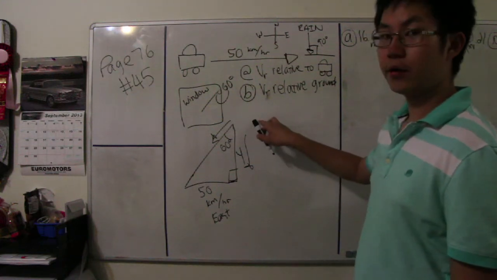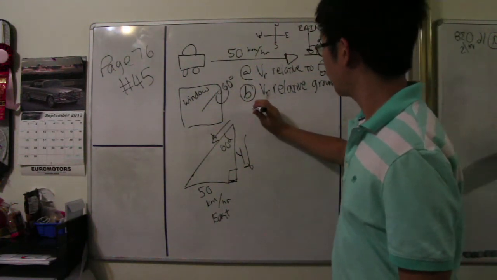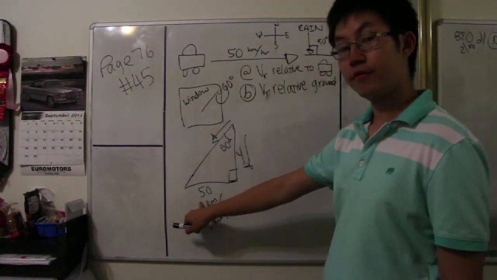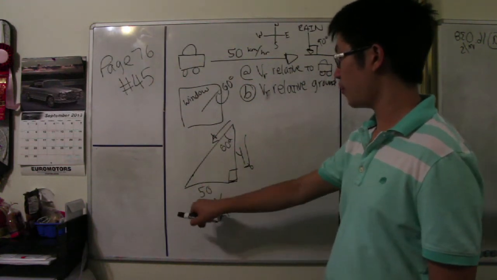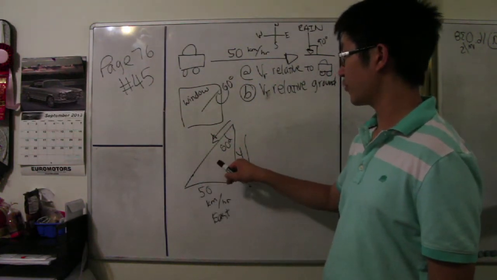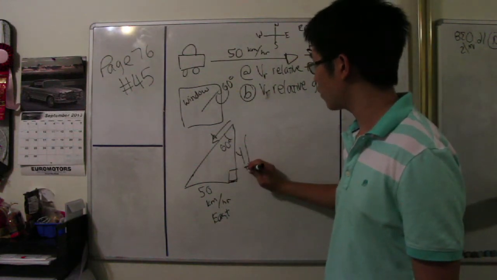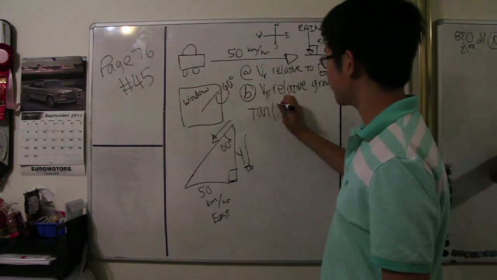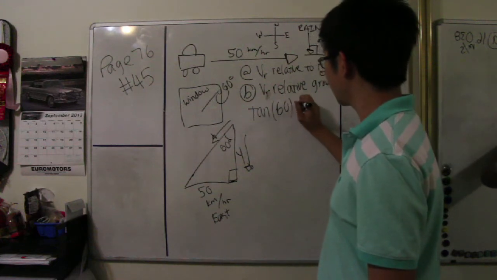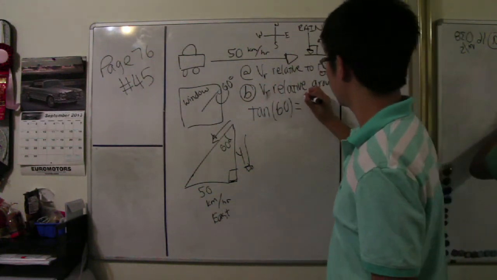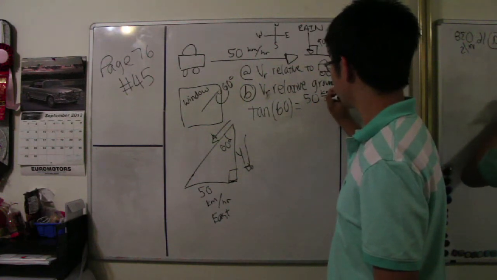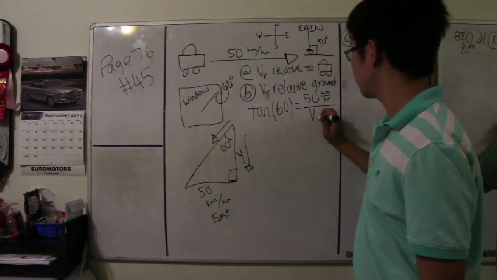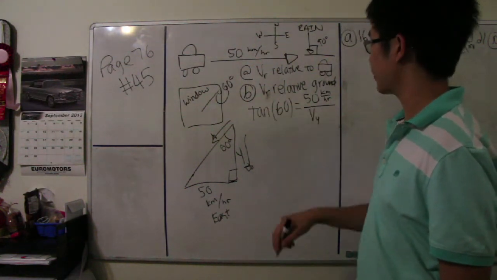So we now can take our tangent, because we already have the base of 50 opposite, and we're looking for the adjacent, y. So we take tangent of 60 equals 50 kilometers per hour over the velocity of y in the y direction going down.